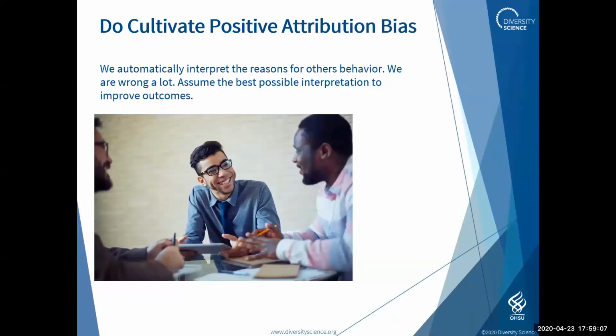Cultivating something called positive attribution bias is an extremely helpful strategy in pretty much every type of encounter with people who may be different from us or come from a different world, a different point of view, and a different culture. We do tend to have an automatic discomfort with things that are different.